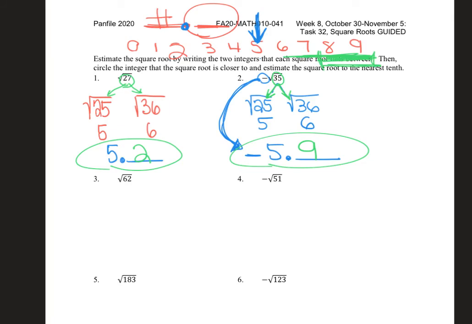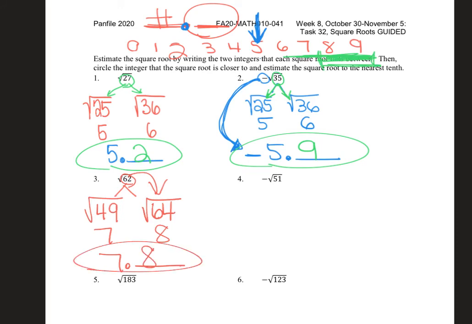All right, so trying the next one. We have 62. Root 49, root 64, that simplifies to 7 and 8. It's going to be 7 point something. It's never going to be 8 point something because if you're talking about a decimal, it's less than 8. 62 is pretty close to 64, so I might make this 7.8, and I'm done.